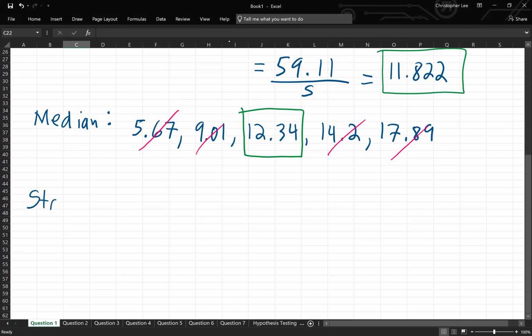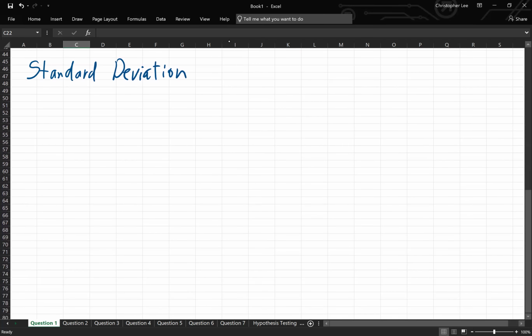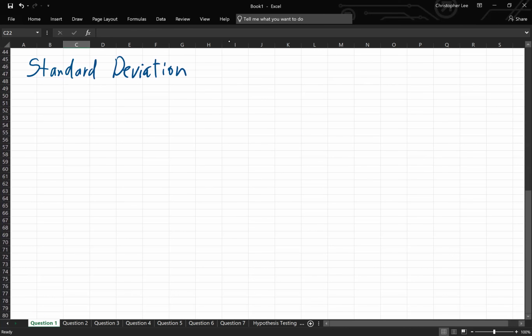Standard deviation. You can do this either way that you want, as long as we all end up with the same answer. I'm happy. All right. My favorite way is to do the x and then the x squared, right?